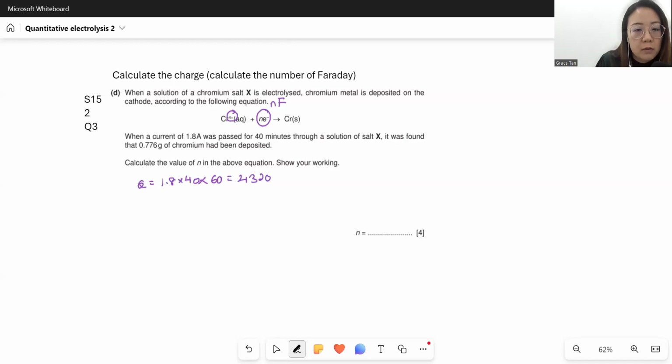And it was found this quantity of charge gave this much of chromium. All right, so what is the atomic mass of the chromium? Let me just look in the data booklet.